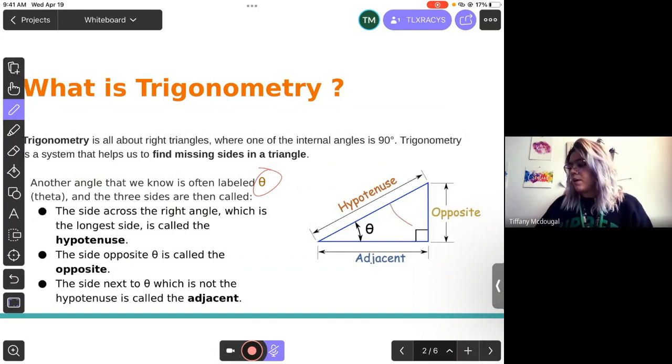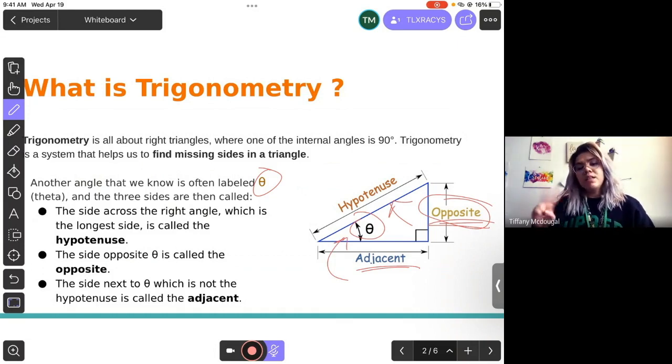We have our hypotenuse that's across from the right angle. We have opposite over here, which as we can see is the farthest, or opposite away from angle theta. And then we have the adjacent side, which is the side that's right next to theta that's not the hypotenuse. Now, opposite and adjacent, just like the legs with Pythagorean theorem, will change depending on where theta is.